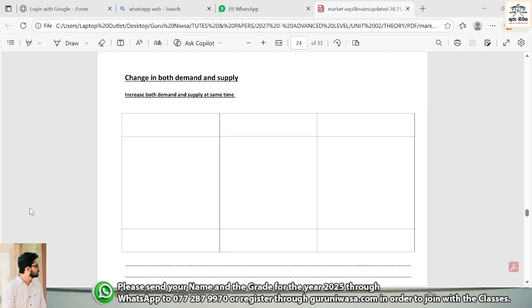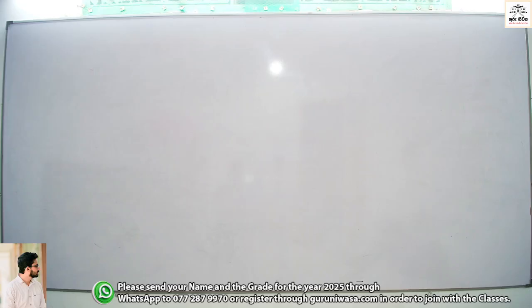Right. Okay, Lamai. Change in both demand and supply forces at the same time. One minute.